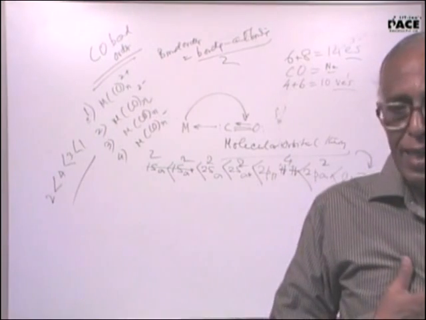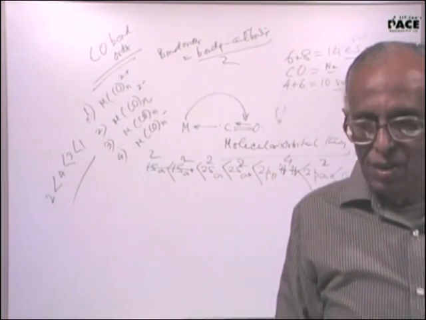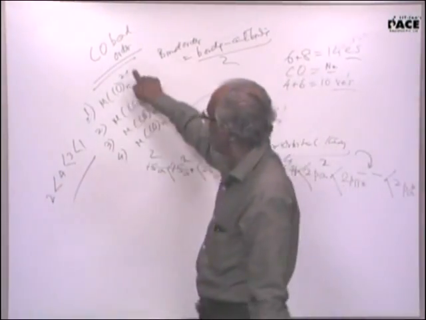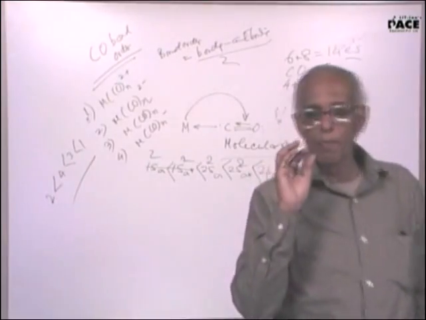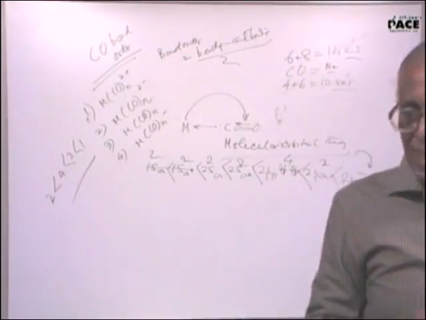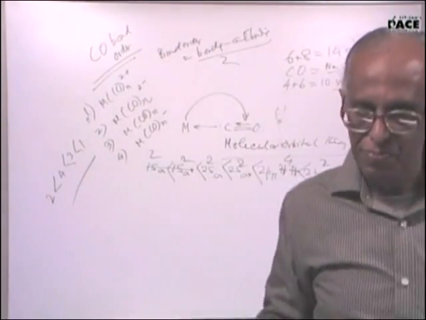If the metal is electron deficient, how can it be a donor of electrons? So in this case, the donation from metal to carbon monoxide will be least. As a result, the CO bond order will be highest.